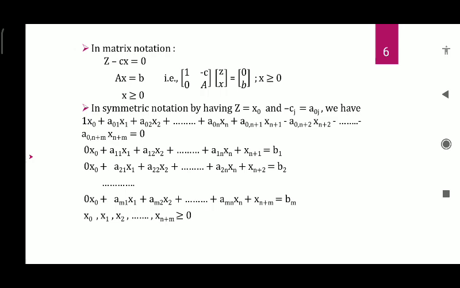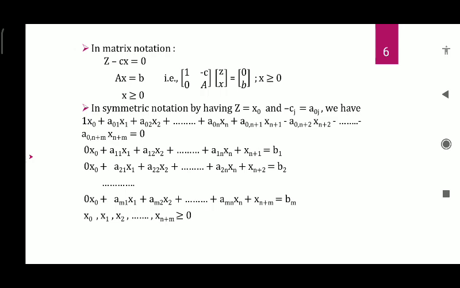That is, it is a 2 cross 2 matrix [1, -c; 0, A], where minus c is the cost value of the base variable, 1 is the coefficient of z, and 0 is the coefficient of z in the next row, where capital A represents the coefficients of all the constraints, or the coefficient matrix, and the column matrix is z and x, where x is the transpose of the row matrix x1, x2, etc., xn, equal to [0, b], for all x greater than or equal to 0.